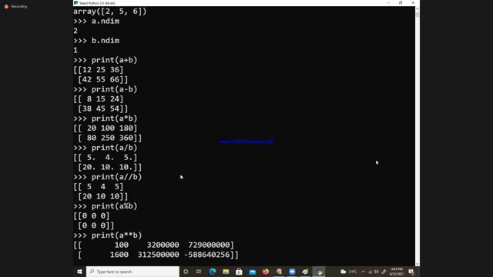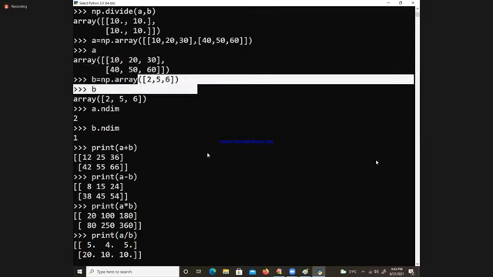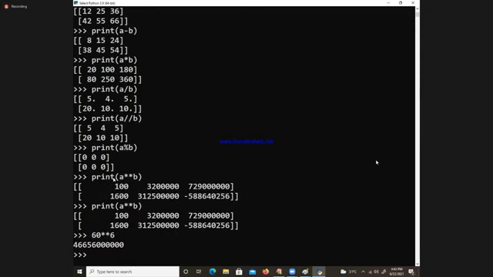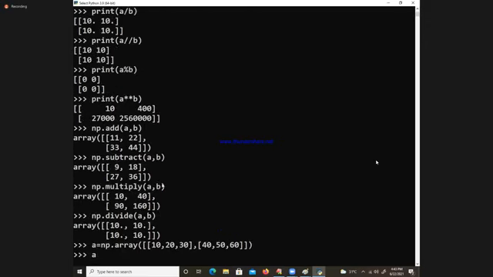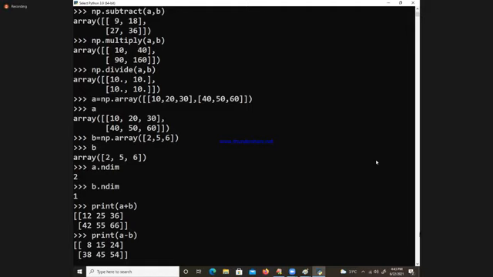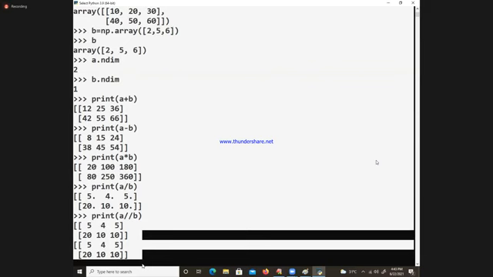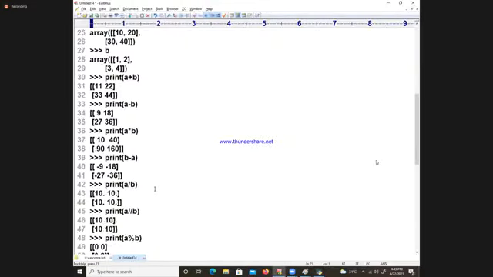Now, one more thing. These are the operators we did. So with different dimensions, we are able to do all the arithmetic operators. The star star operator we keep aside. This is another example we are performing with different dimensions. Except this slash slash, the other operations also work with different dimensions.